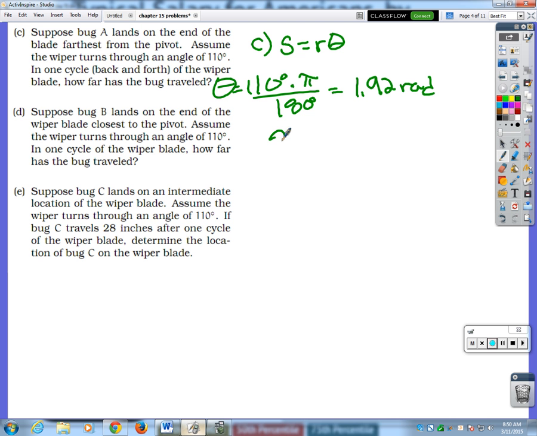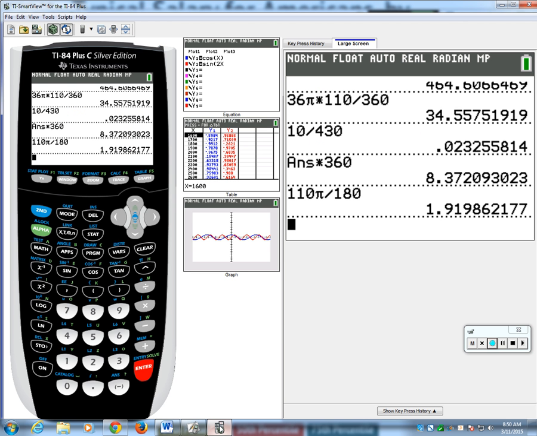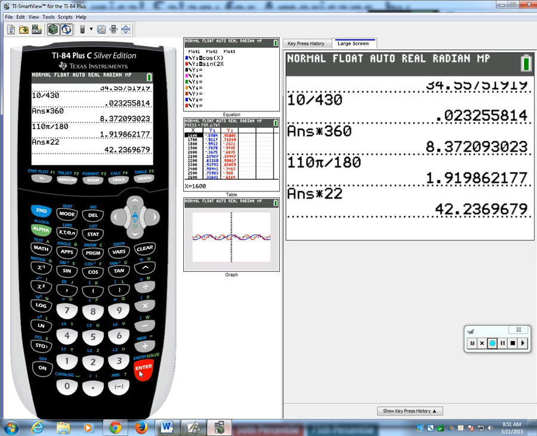So the distance that bug will travel will be equal to the radius of the wiper blade, which is 22, times the angle in radians, which comes out to be about 42.24.